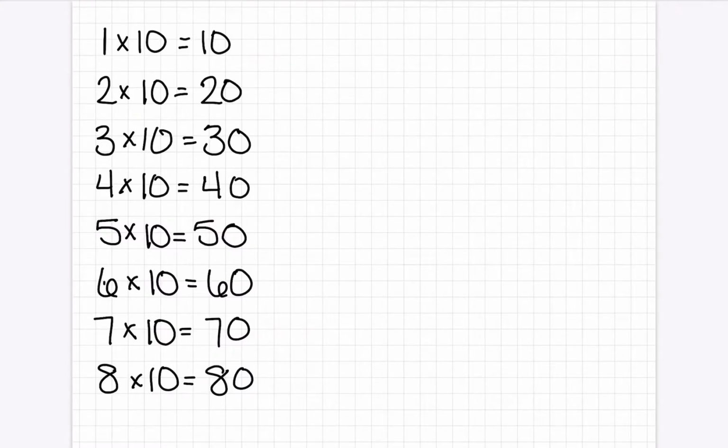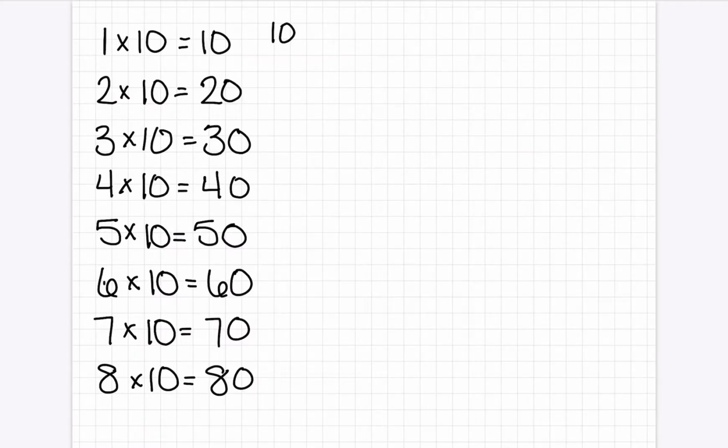So when we look at these multiplying sentences, we have one group of 10. So one group of 10 would be 10, right? Yes, that's the easy one, right? It's just one group of 10. There's my one group of 10, all right?